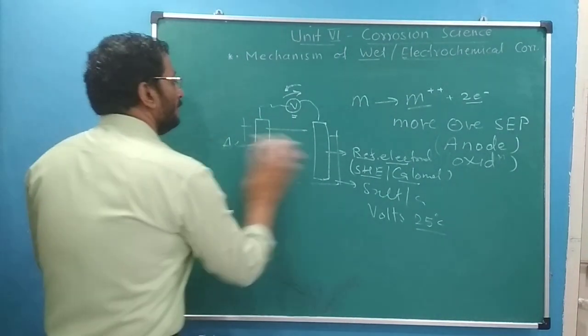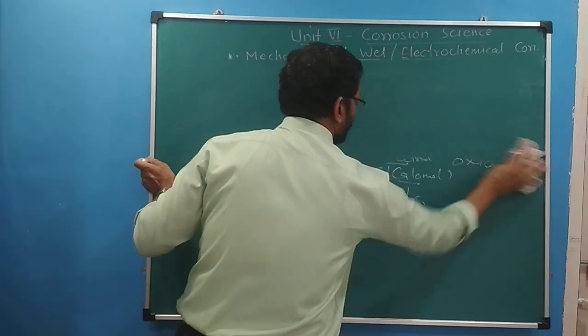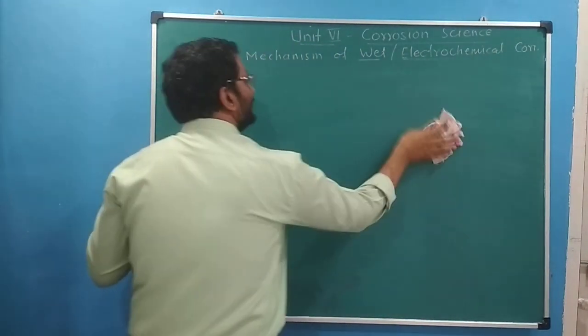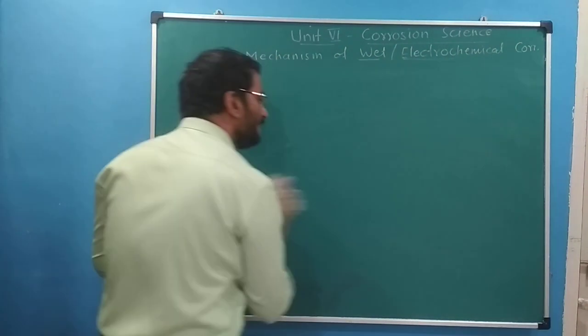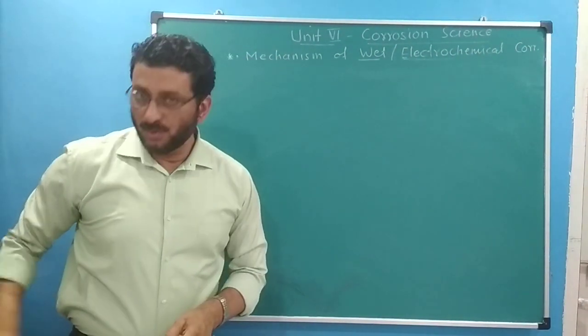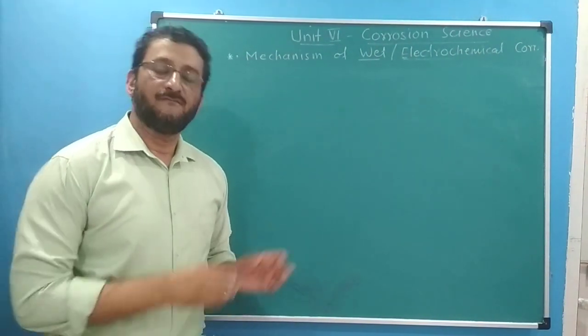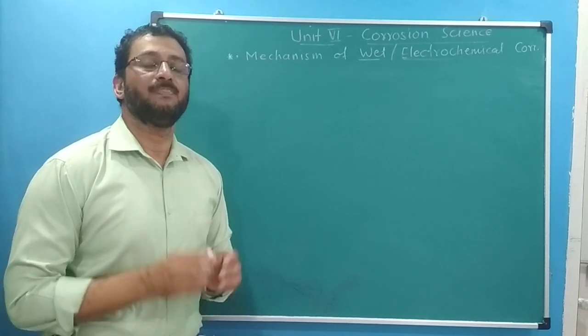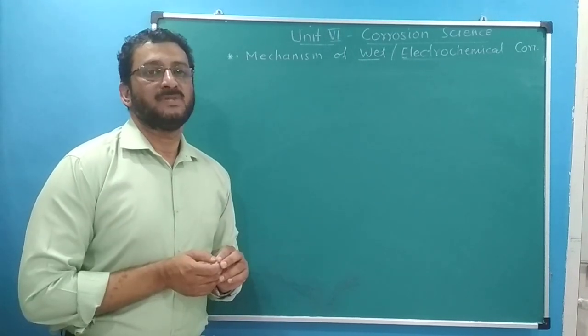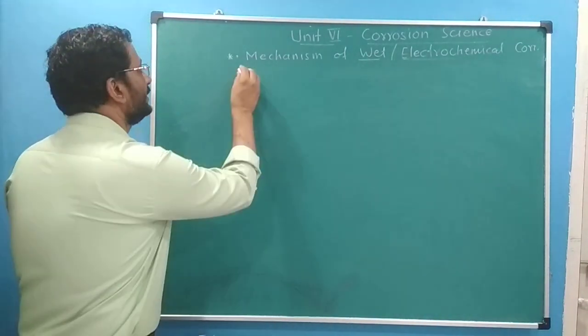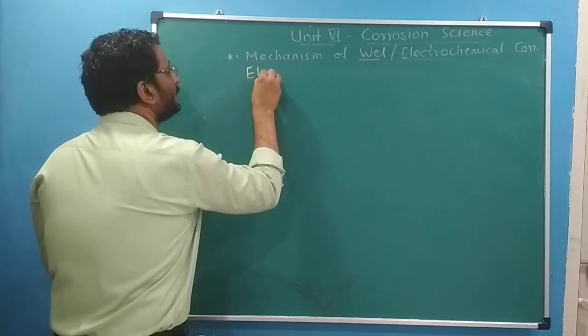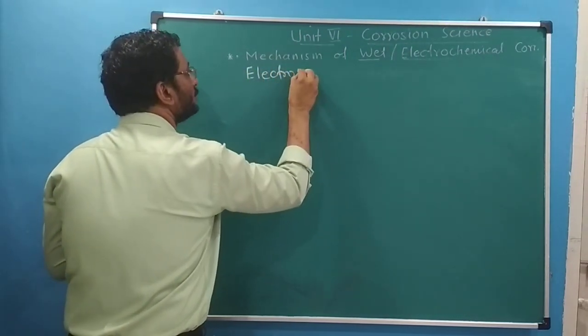Okay, what are these series? Let us know that. Again I repeat, scientists have recorded the electrode potential value of almost all the elements, and they have arranged them in a series. The first series is called the electrochemical series.